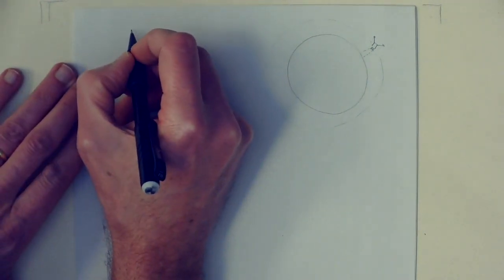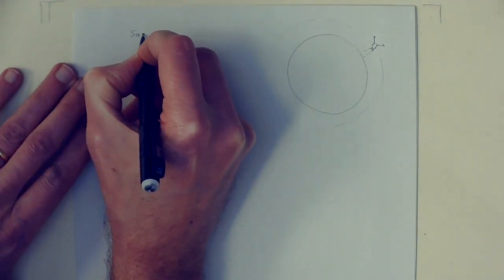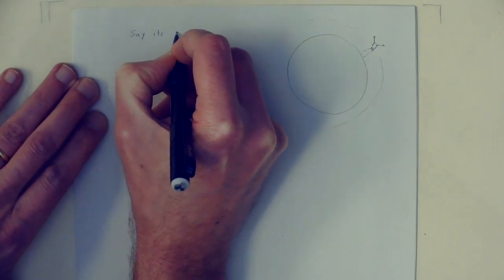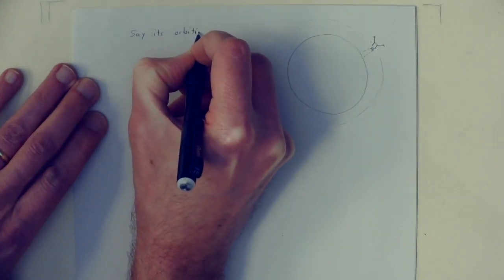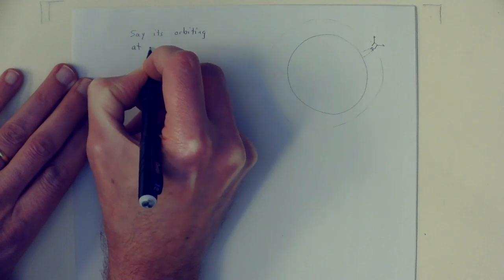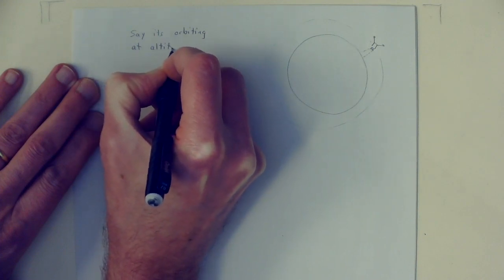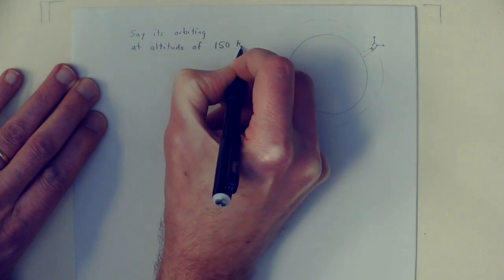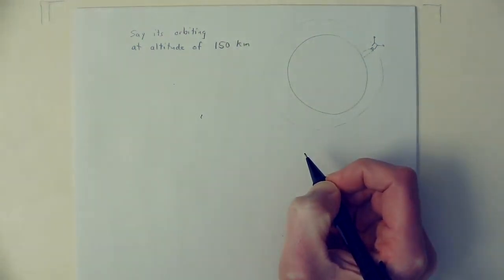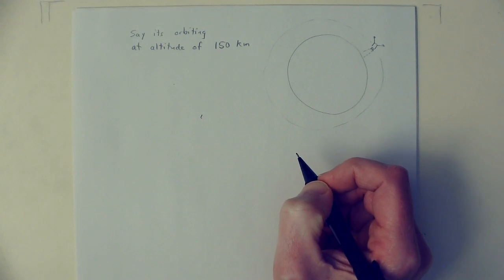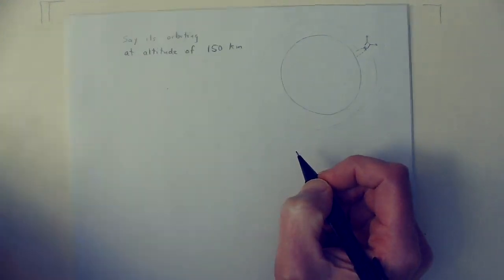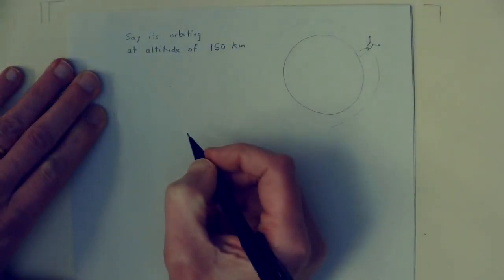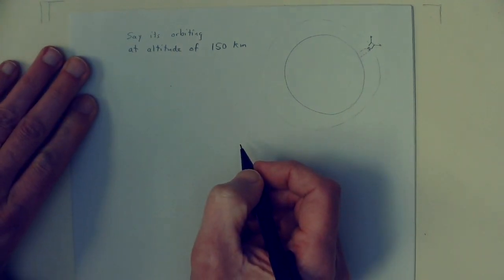So let's put it up just a little higher than that, say it's orbiting at an altitude of 150 kilometers. That's a very reasonable number. They don't go much lower than that, and you'll see in a little bit it doesn't matter a whole lot.